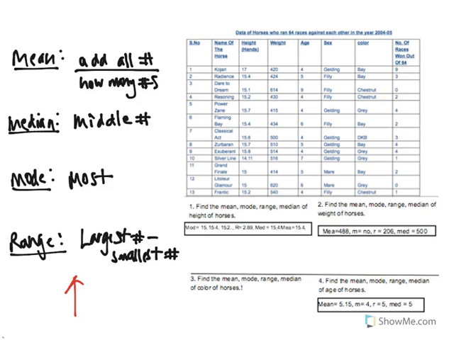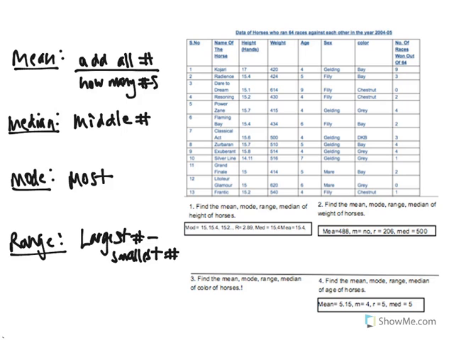So knowing all of these things, let's try to answer these questions here. So we have this question here. It says, the data of horses who ran 64 races against each other in a year.